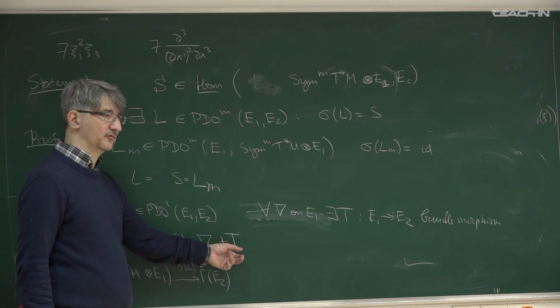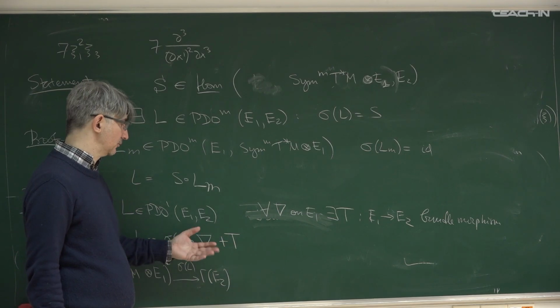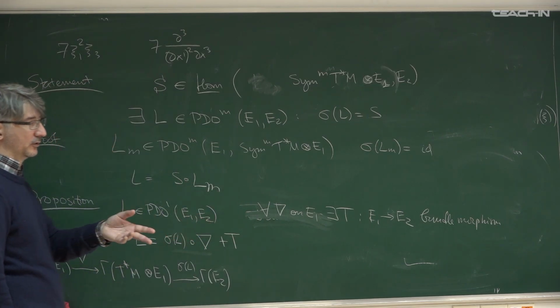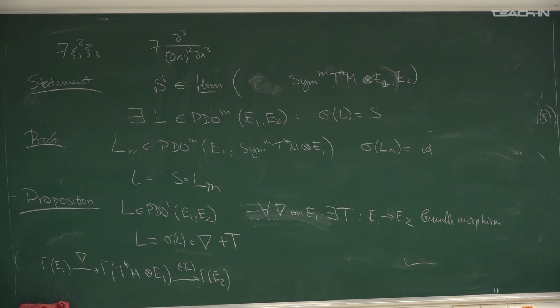That one contains no derivative, so the symbol tensored with a section comes from covariant derivatives.